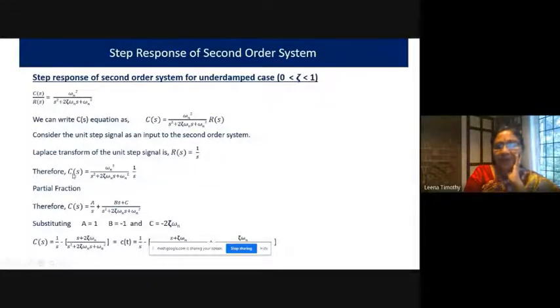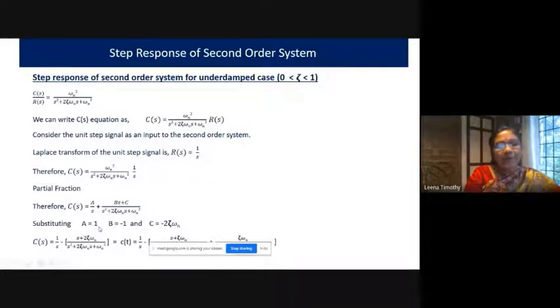Our aim is to find the response of the system. So for C of t, we have to take the partial fraction: A by S plus Bs plus C divided by S square plus 2 theta omega n S plus omega n square, because these are complex conjugate roots. Therefore Bs plus C, and find the values for A, B, and C. That you just find out.